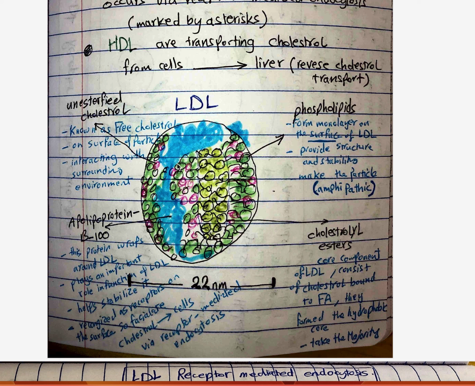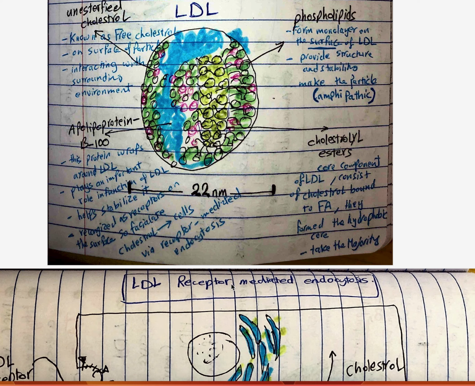As you can see here, the diameter of the low density lipoprotein is about 22 nanometers, which is very small.